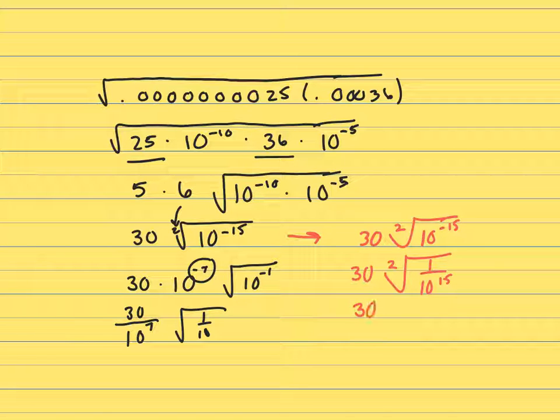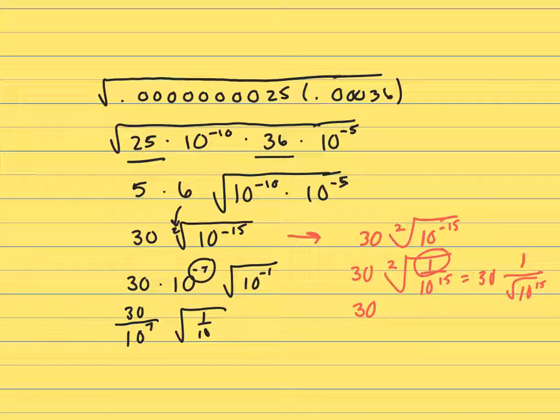So this is 30. Of course, we know this is the square root of 1 over the square root. This could also be written as 1 over the square root of 10 to the 15th, because the square root of 1 is 1. Doesn't matter.